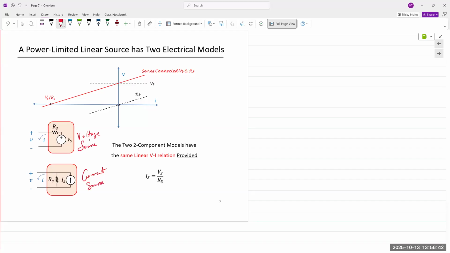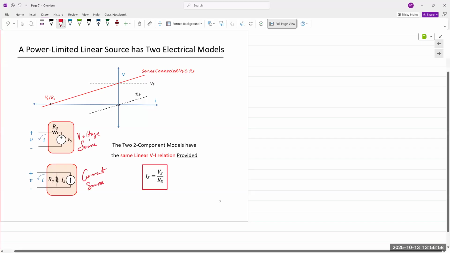And of course, we can equate both models together as long as this equation holds true. Ohm's law, V equals IR. So the total current that's flowing in the circuit, I, must be equal to Vs over Rs.